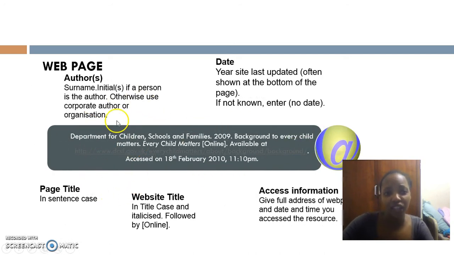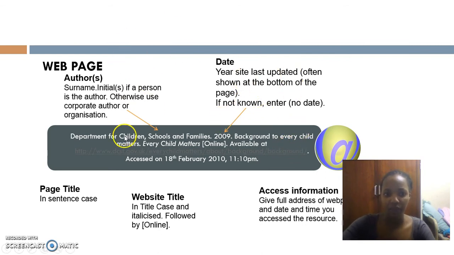And then we have the web page. This one, you firstly start with the surname of the author, or sometimes they may be written by an organization, so we write that organization's name down. And then we have the year of publication. If it is provided, then you include it.